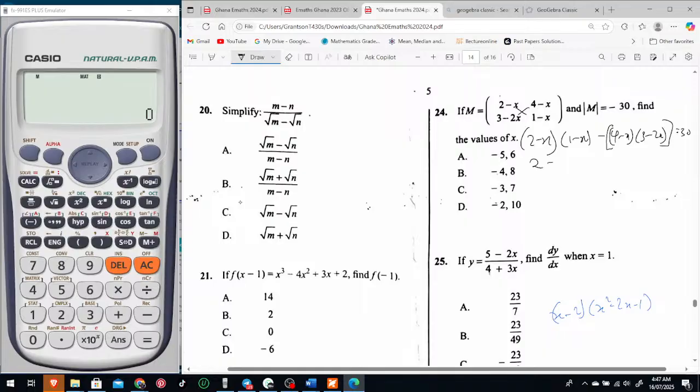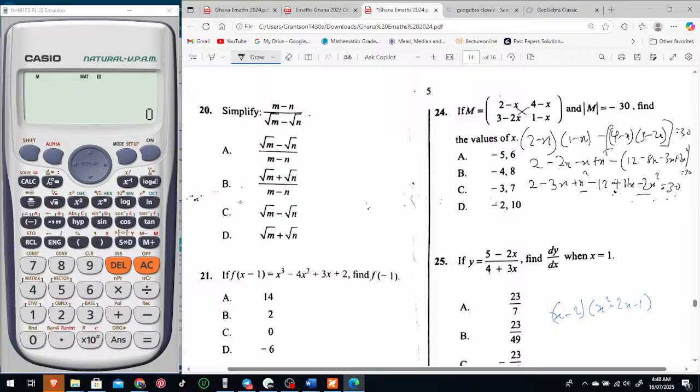2 minus 2x minus x plus x squared, minus 12 minus 8x minus 3x plus 2x squared equals 30. So 2 minus 3x plus x squared, minus 12 plus 11x minus 2x squared equals 30.